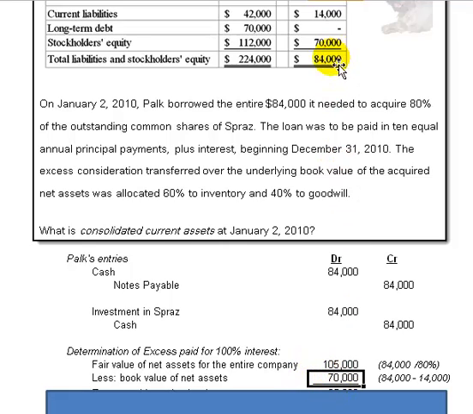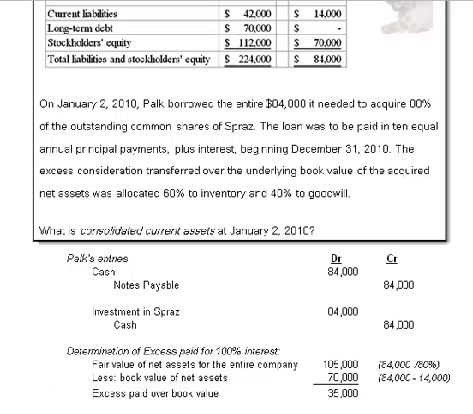Now you can see it in stockholders' equity, but I like to actually consider it the direct way. $84,000 book value of current assets less $14,000 of the current liabilities. Okay, so when I slide that up, or actually let me move this out of the way now. What we now have is a calculation of the excess paid over book value.